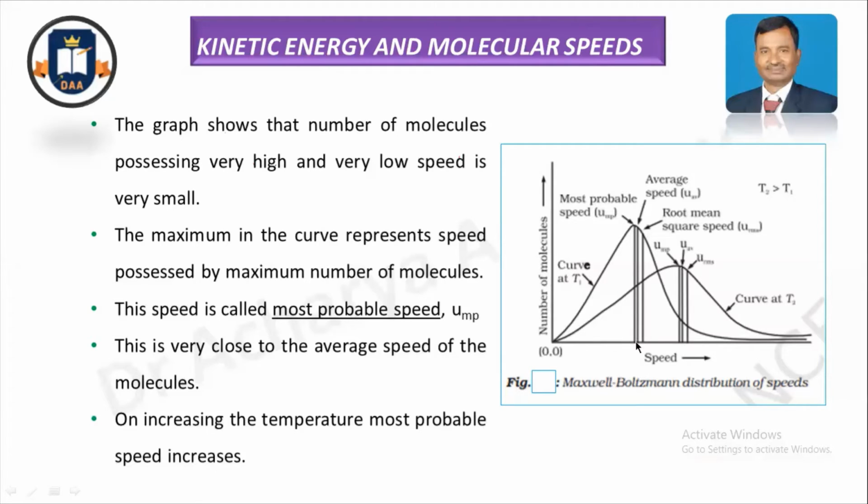If you consider the x-axis, you can see that for the T2 temperature, the speed is more than at the lower temperature. So with the temperature increase, the most probable speed increased.